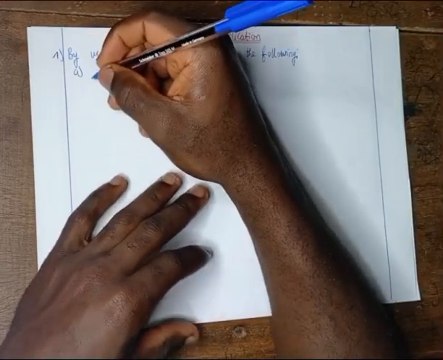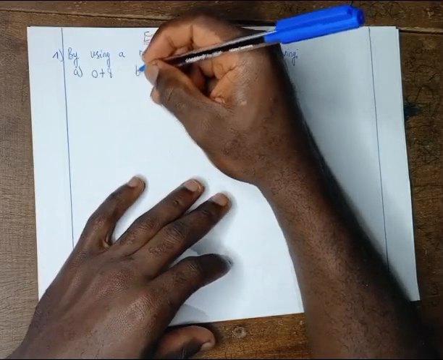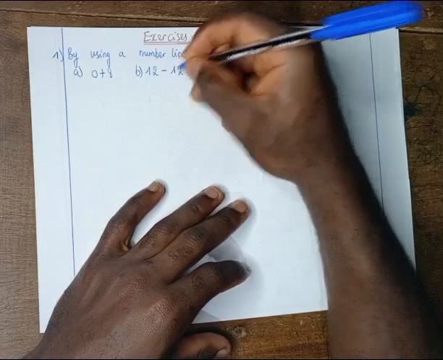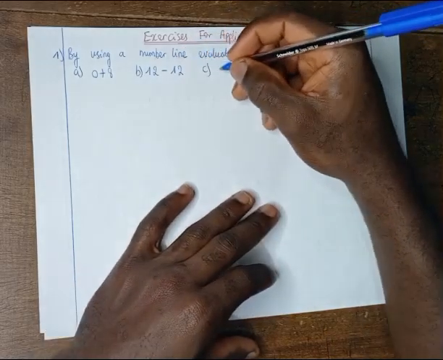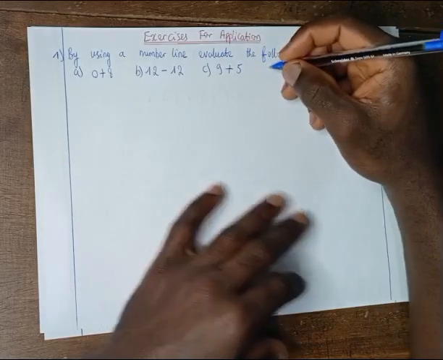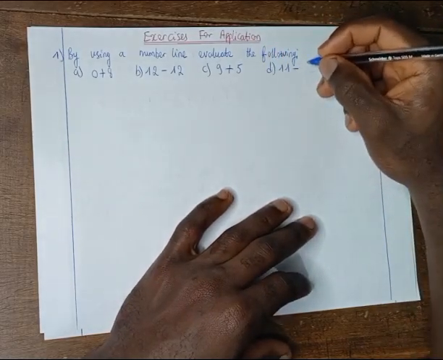Question A, we have 0 plus 8. Question B, we have 12 minus 12. Question C, we have 9 plus 5. Question D, we have 11 minus 6.